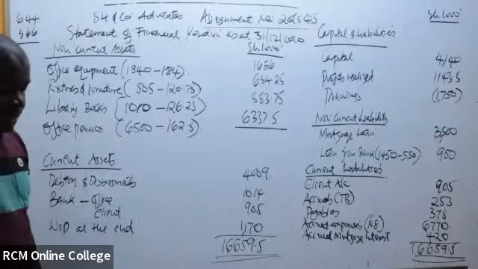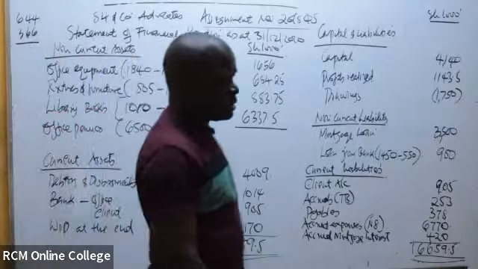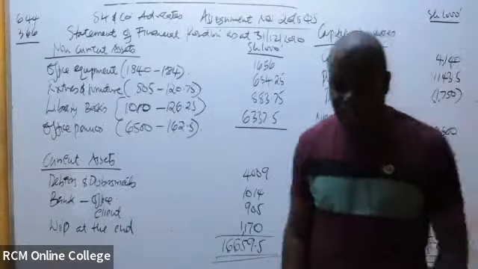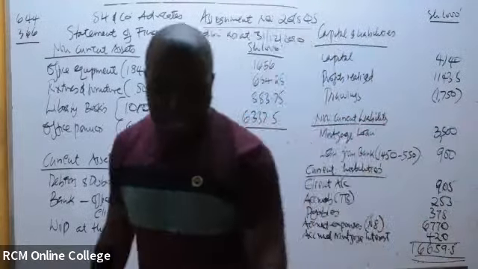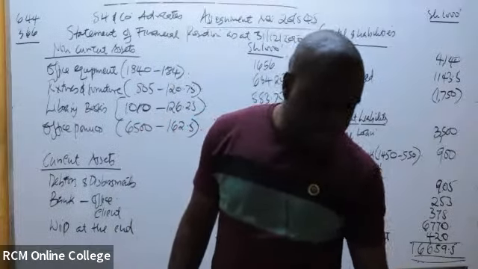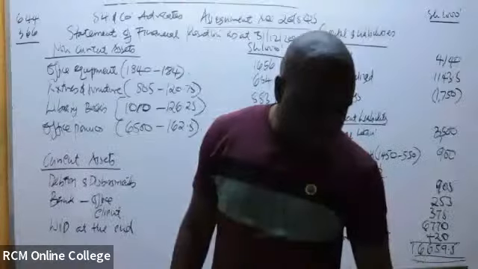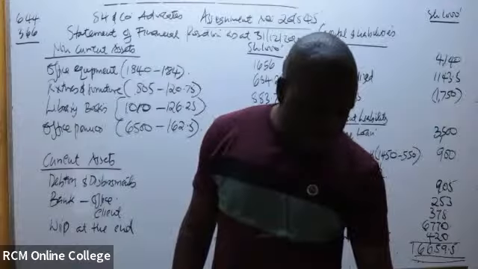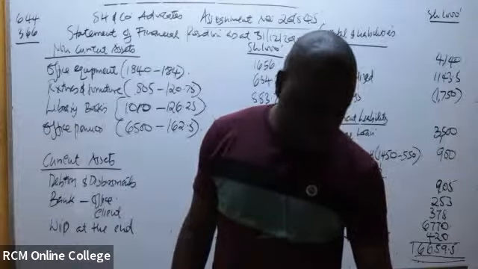So that marks the end of today's class. We'll meet again on Tuesday. When we meet on Tuesday, let me see what will happen. Maybe I might do another question for doctors.